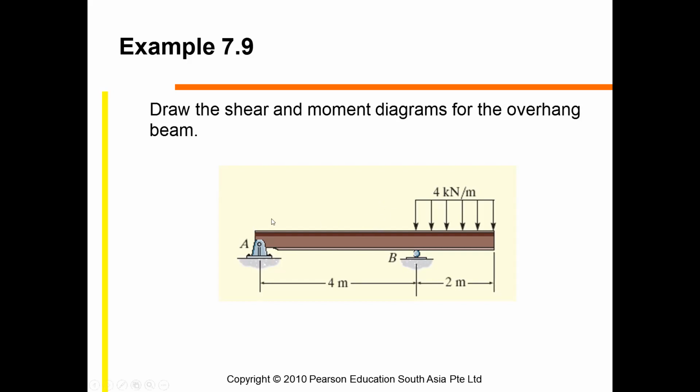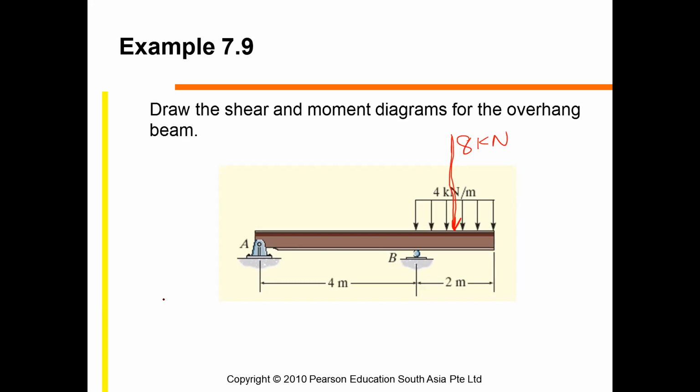This is a nice thing that I need to drop in my slide. So we turn that from a UDL to a point load because they can be converted. What would be its value here? Is it correct to say 8? This would be 8 kilonewtons.